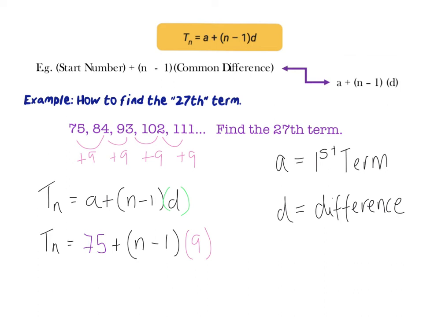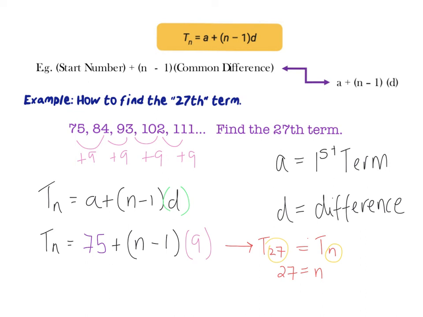Now I want the 27th term. So I want T of 27. So that means T of n, which means 27 is equal to n. That's what we're saying there, because if you look at it, 27 is where n is. So it's another way of saying n is 27.